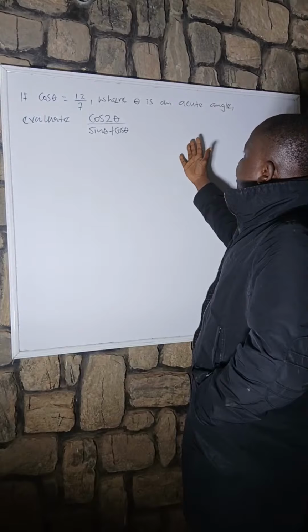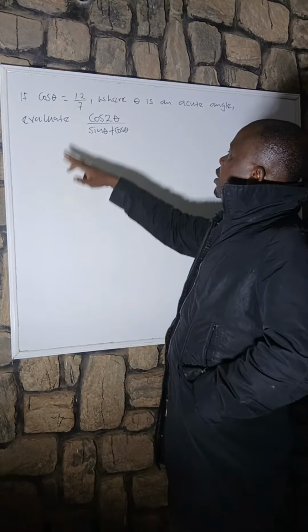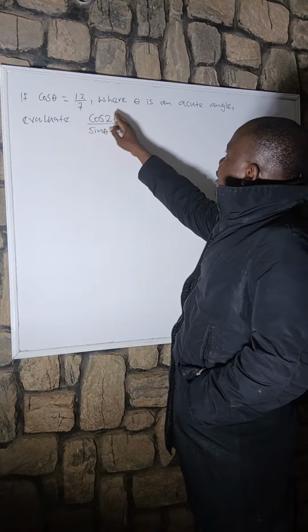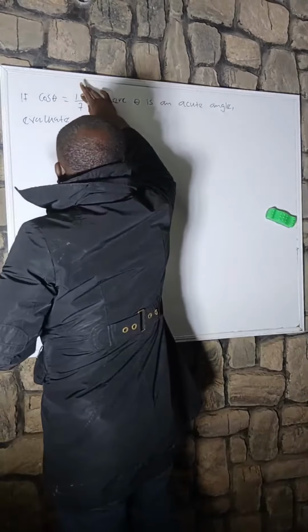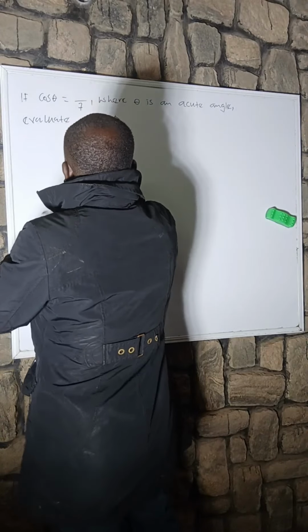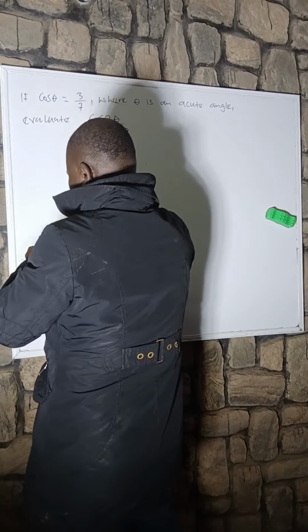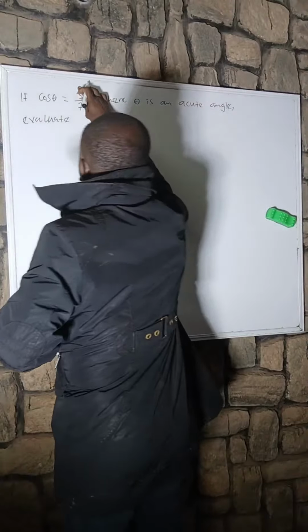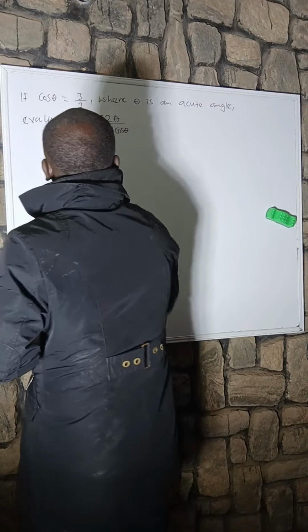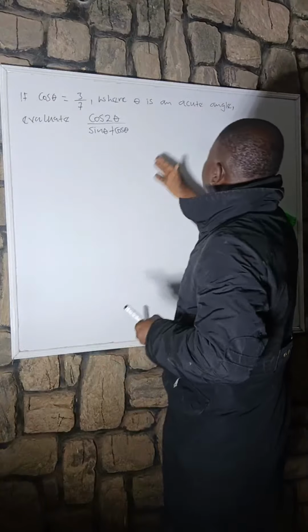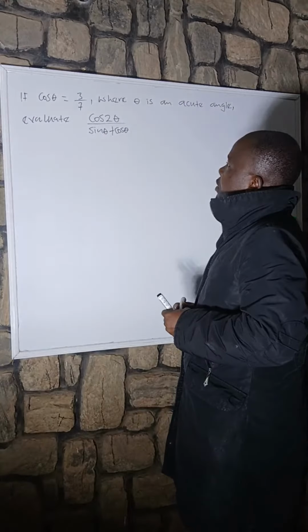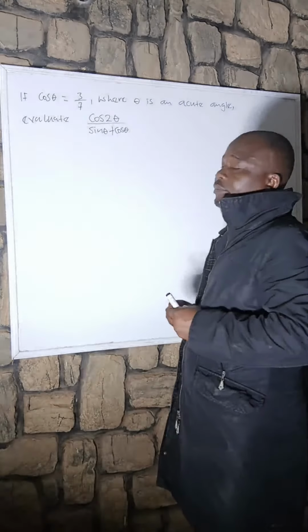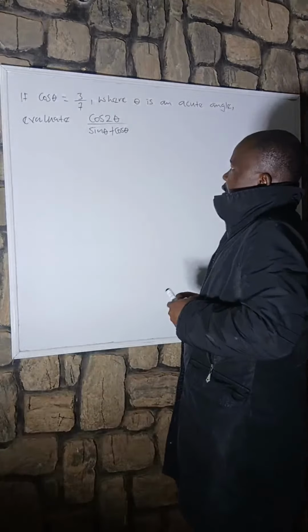We have here an example: if cos theta equals 3 over 7, where theta is an acute angle, evaluate cos 2 theta. So it is simple as ABC.